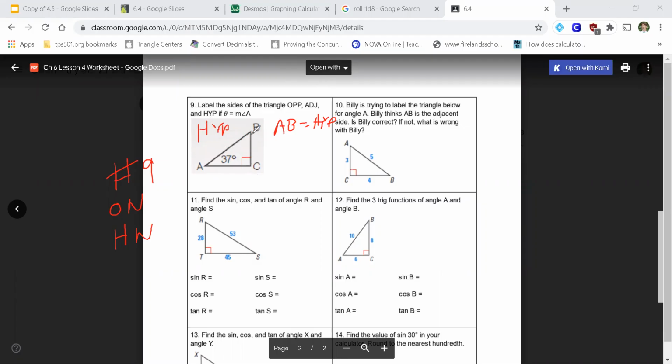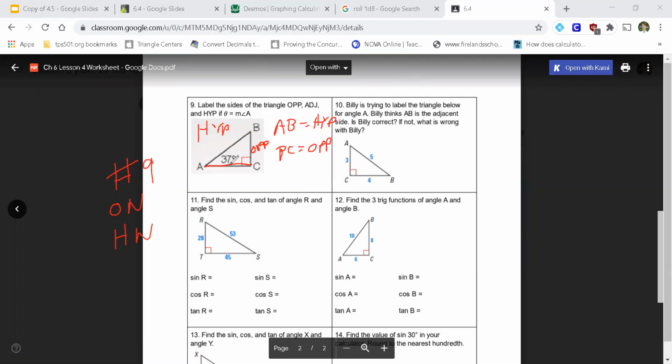All right, BC right here, is that opposite or adjacent to our angle A? It is opposite. That's right, because again, it's across, it is not touching the angle. So we could write, again in Google Docs, BC is the OPP, which means AC has to be the adjacent.